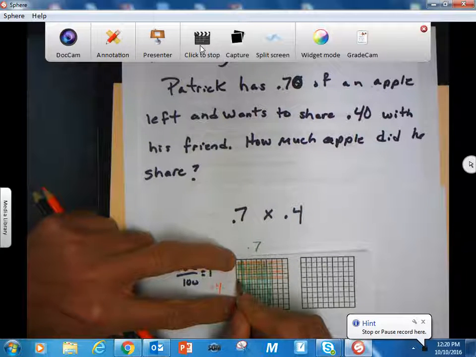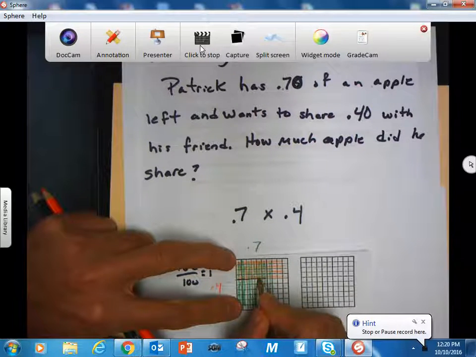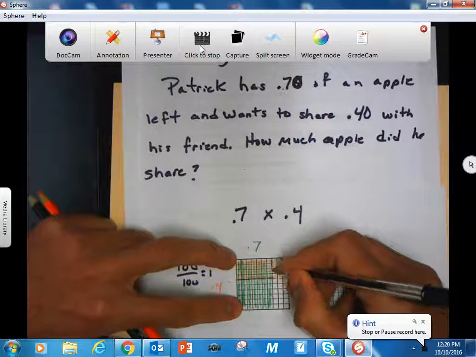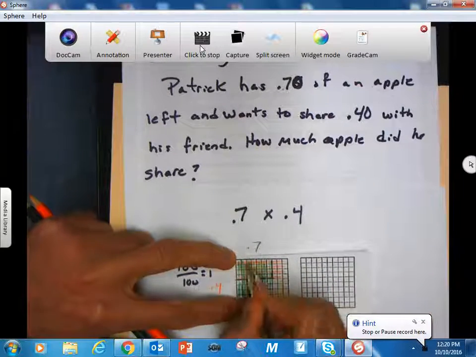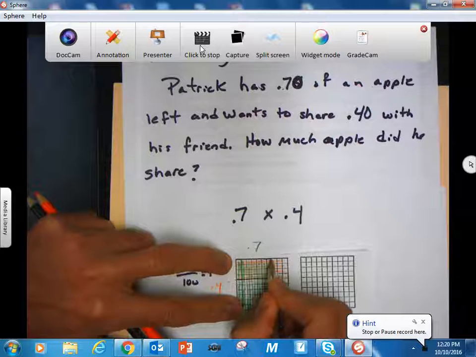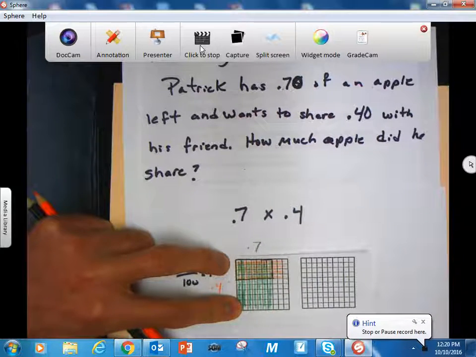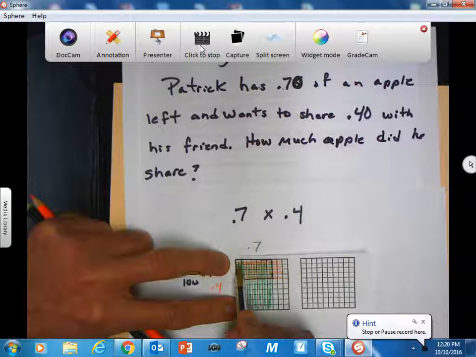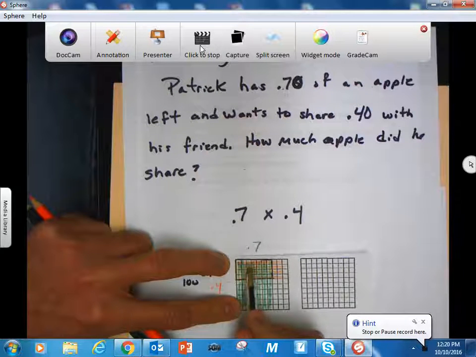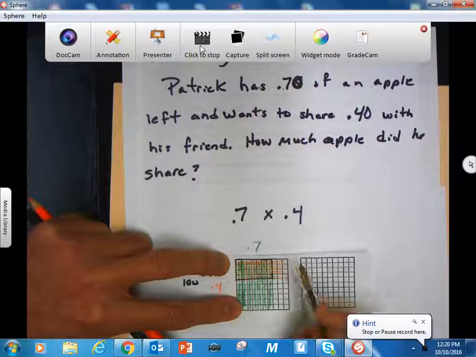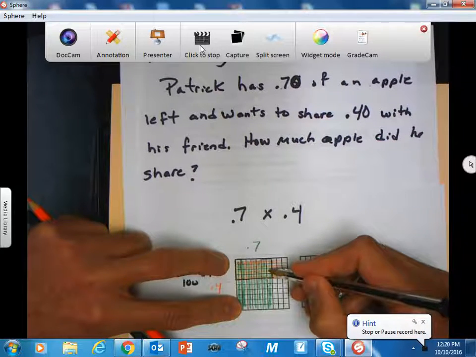What overlaps is the product of 7 tenths and 4 tenths. That's the overlap. So if you count these, we have an array 1, 2, 3, 4, 5, 6, 7 by 1, 2, 3, 4.